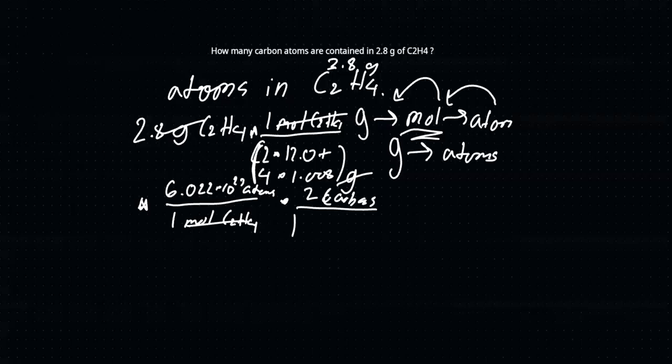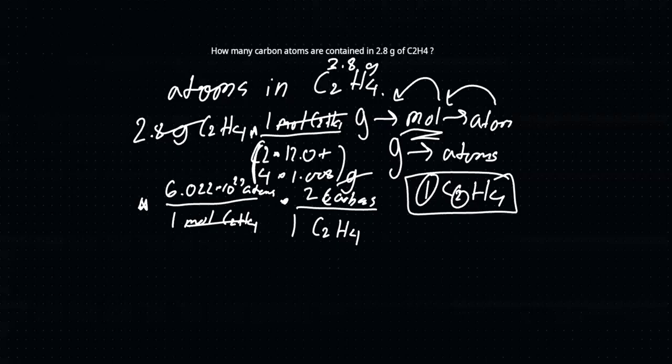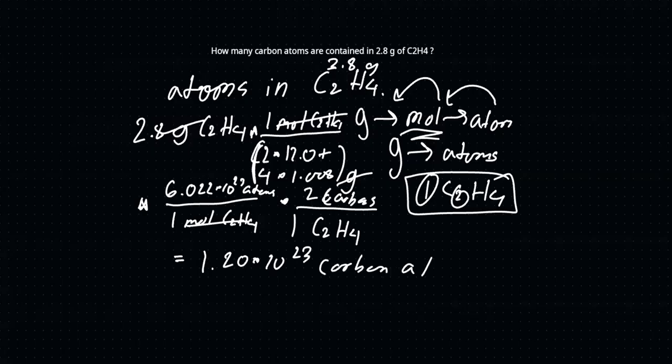We'll just have to multiply it by 2 because in C2H4 we have 2, whereas we only have 1 of these. So now let's do our calculation. The answer for this one you should get is 1.20 times 10 to the power of 23 carbon atoms. Sorry, my handwriting is a little bit messy.